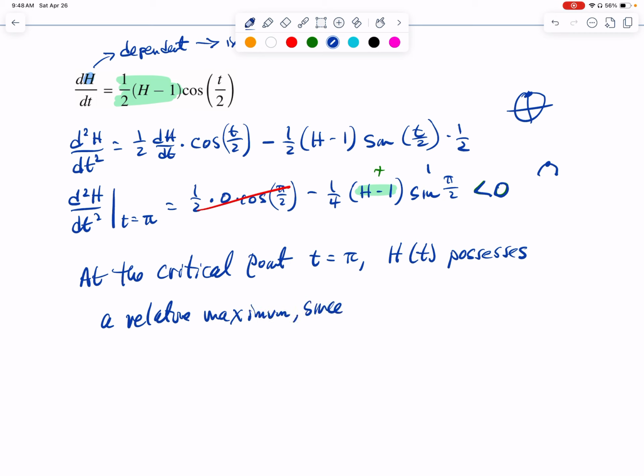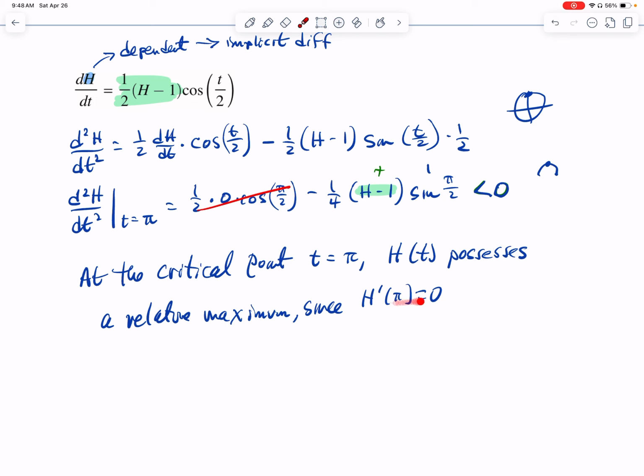Since h prime of pi is equal to 0, I showed that that is a critical value. This part is important, because I don't want to confuse it with picking a point over here where the second derivative is negative, so that means this point has to be a relative max.